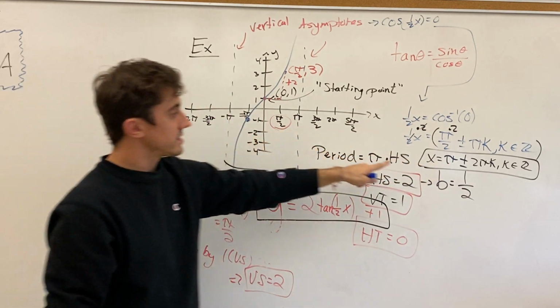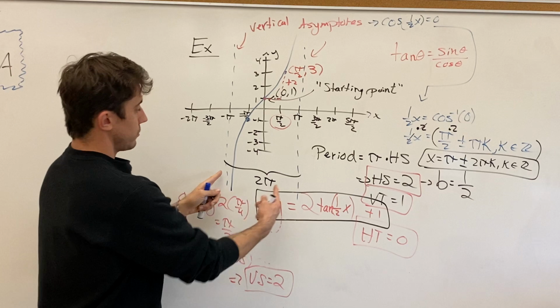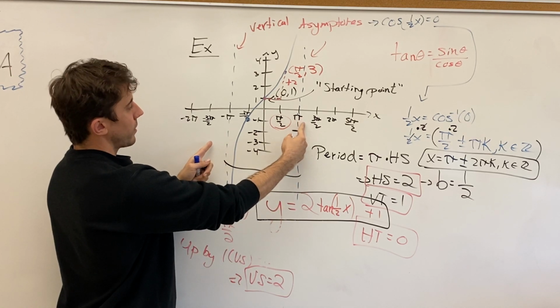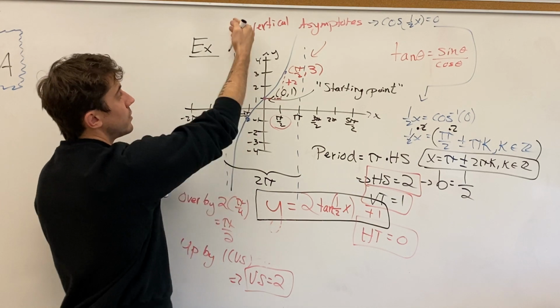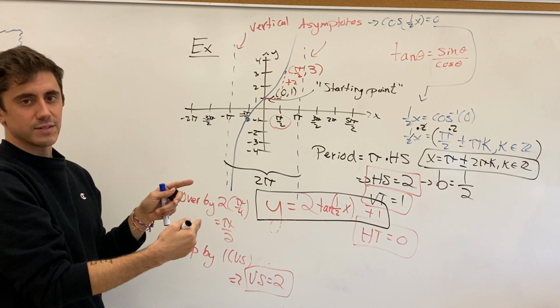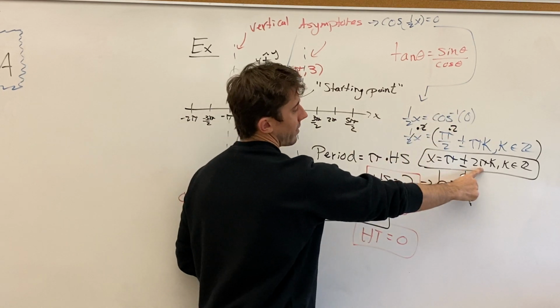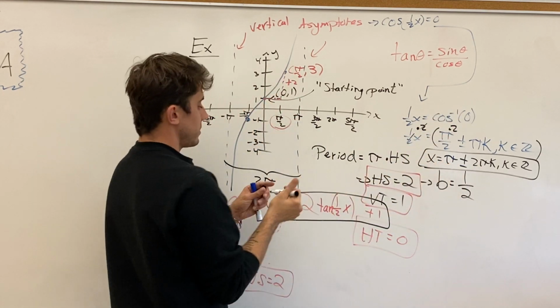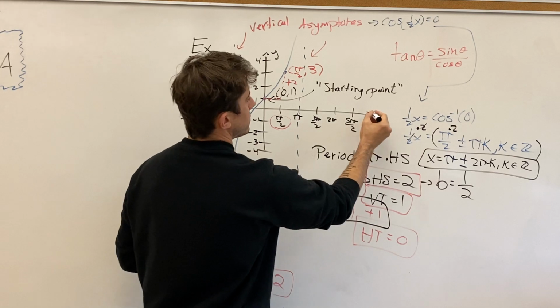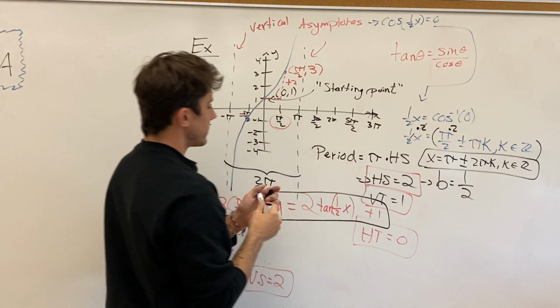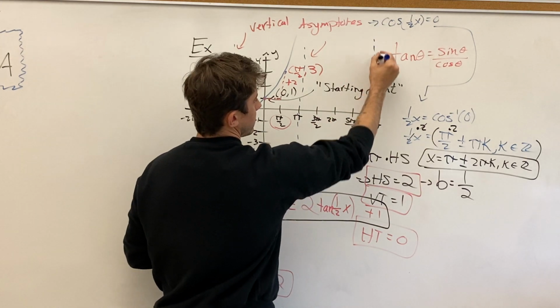Then if we subtract 2 pi, which is 1 full period's worth, subtracting 2 pi from pi takes us to negative pi, where we again see a vertical asymptote taking shape. And we go in the other direction. If we added 2 pi, that would take us to around over here, let's say to 3 pi, and we would get another vertical asymptote at this point.